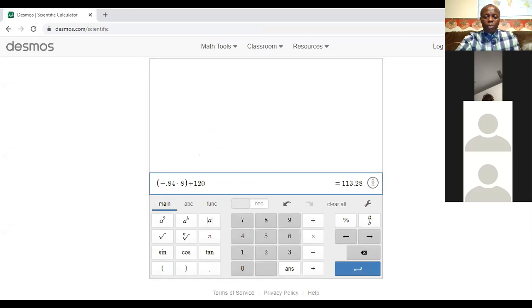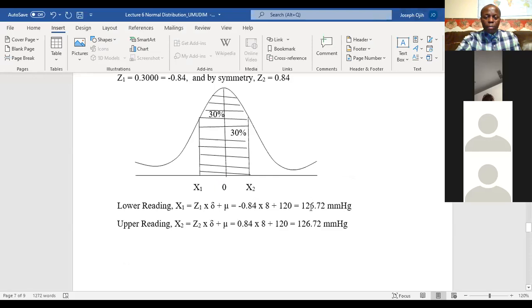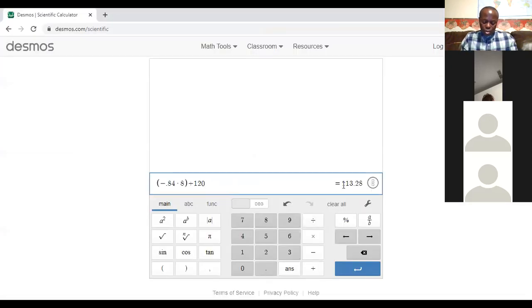So this will be the first one, which is Z1, because this is negative. Let me correct the mistake. When we make it negative, it's gonna be 113.28.